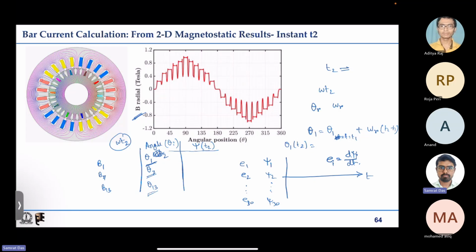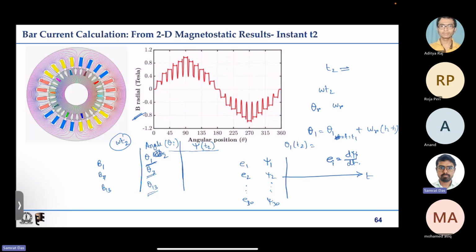So, as we know the induced EMF at different instances, it is possible to calculate the resistance of the bar, because it's a solid bar with some resistivity, and the length and cross-sectional area are known. The bar inductance can be estimated by some analytical expression or found from magnetostatic simulation itself.